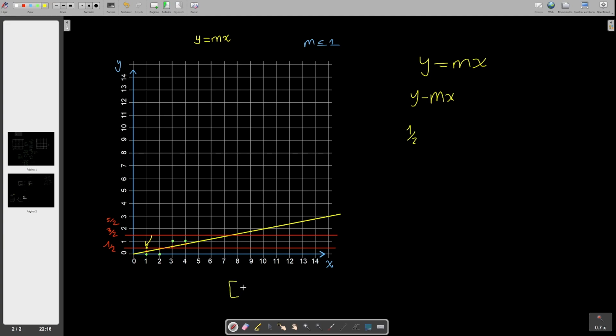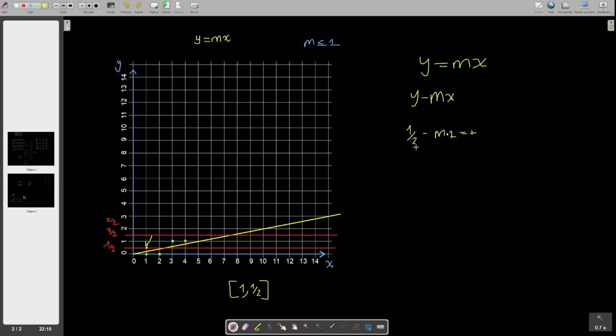Always the first point is going to be 1 in x, a half in y, because that is my first rule, my first limit. And this is going to be evaluated here, which is going to be this, okay?